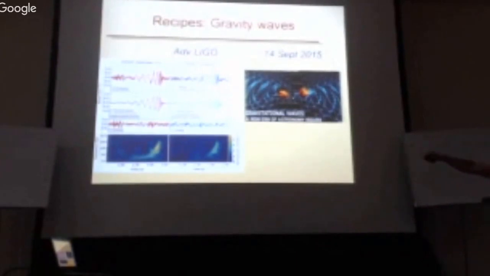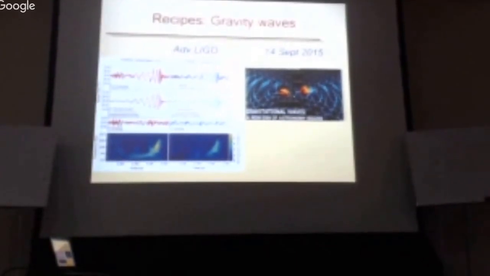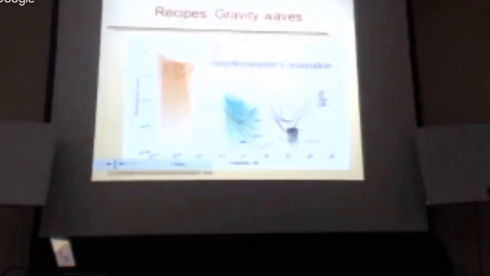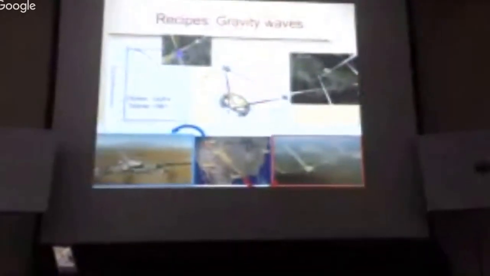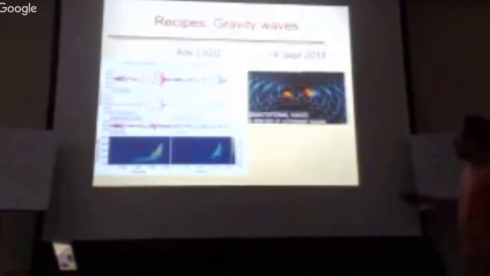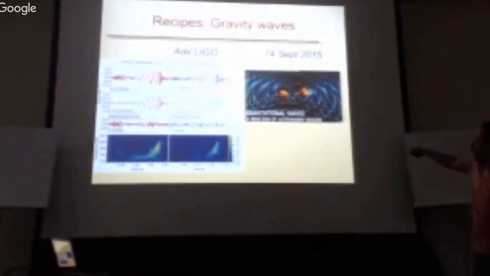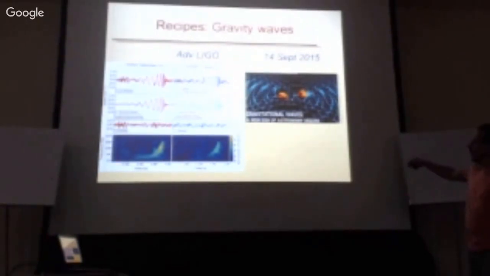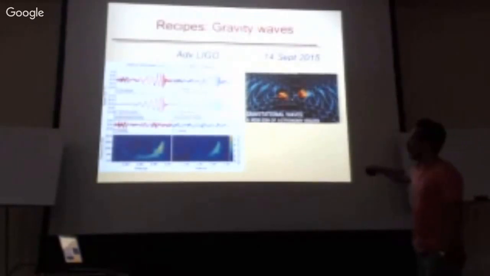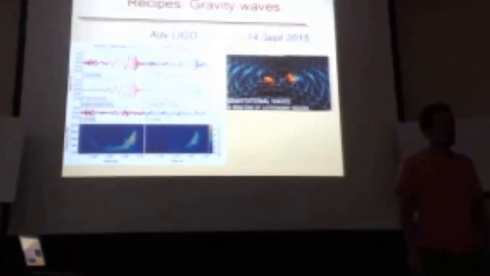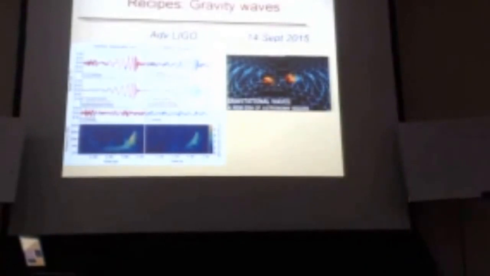And this is the detector in Hanford, on the west coast, and then one in Livingston detected this one. So if you put one on top of the other, they are very similar. So you can clean the signals like this, and this is the noise version. So this is an event that is real.